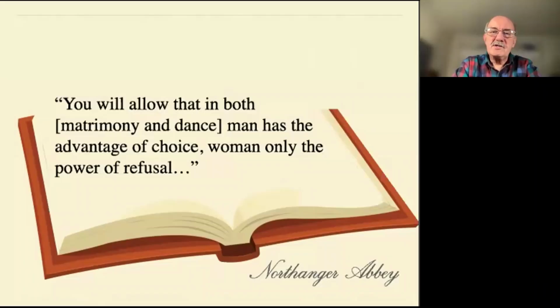The power to choose a partner was reserved for men. Women could not ask a man, but could only refuse and then have to sit out. And we see examples of Jane Austen herself taking advantage of that power, the power of refusal, when she's faced with a disagreeable offer.